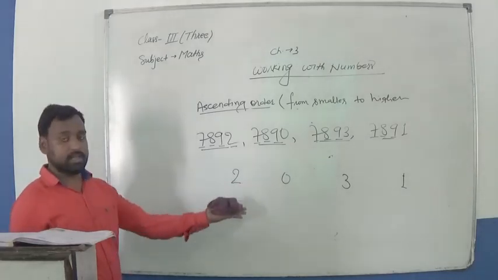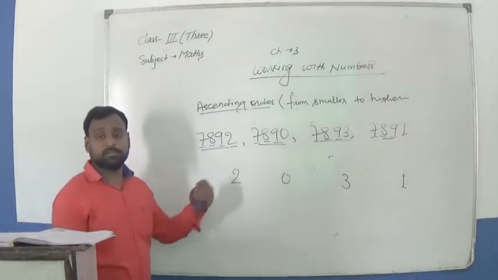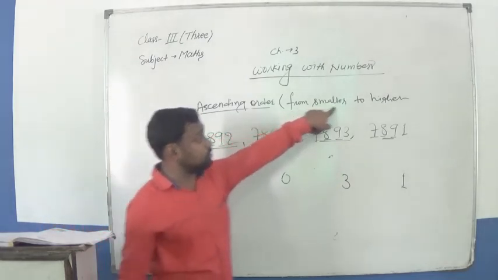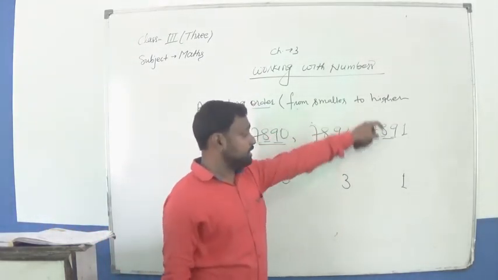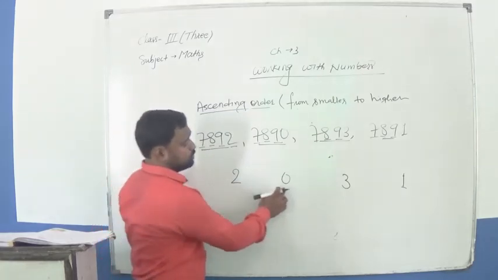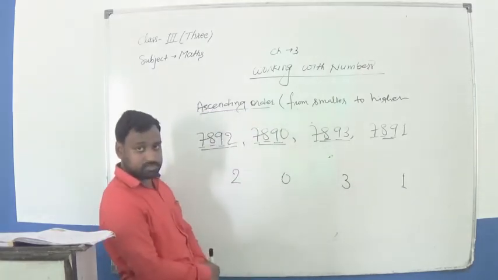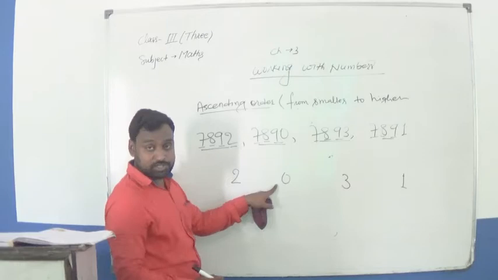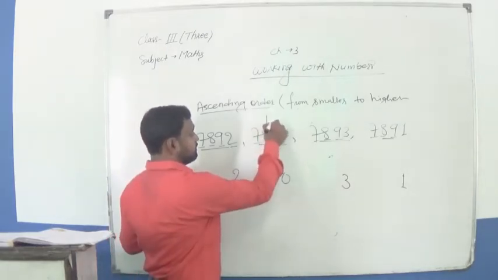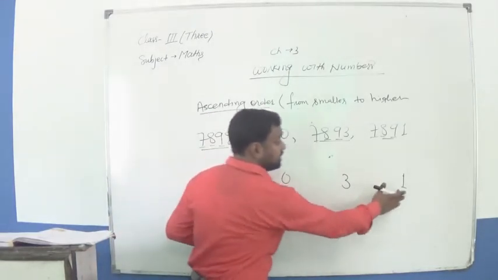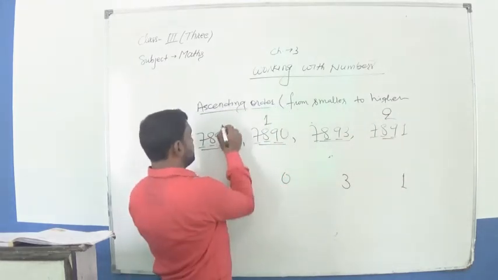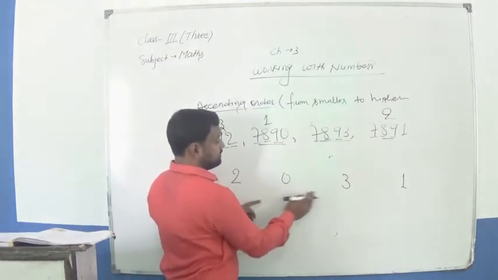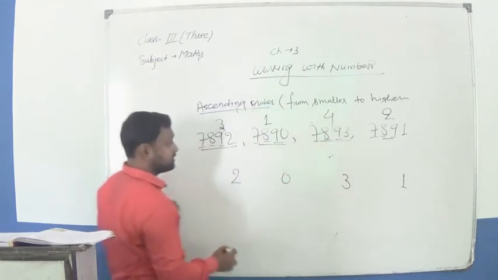Now we can easily arrange these numbers from smaller to larger. Among 2, 0, 3, 1, which is smallest? Obviously 0 is the smallest. It will be first. After 0 there is 1. After 1 there is 2. And 3 will be the last.